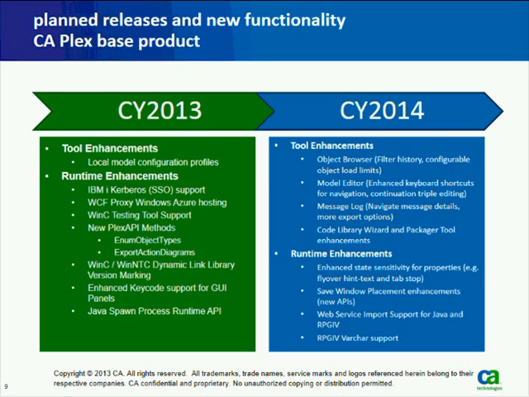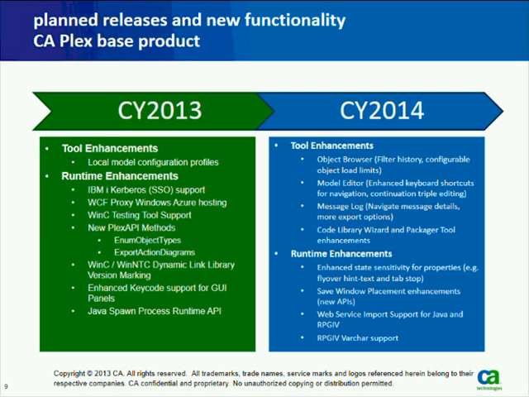Then on the runtime side, the other thing that was really the number one request was IBM Kerberos single sign-on support. And so that's something that we are looking to implement this year as well.